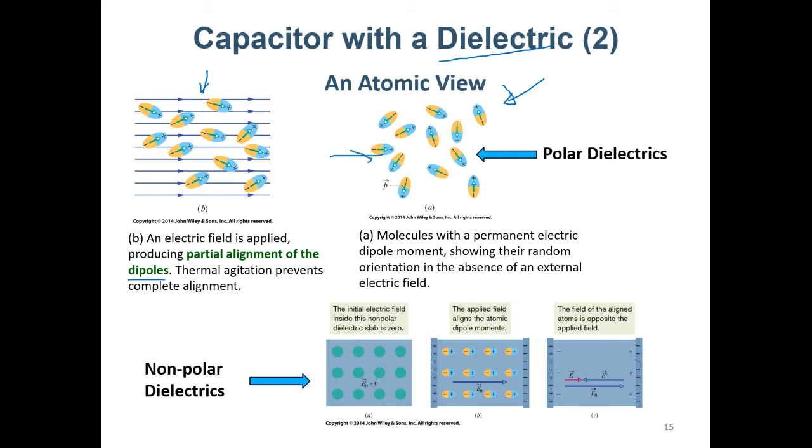Of course, as you have learned in the previous chapter, the dipoles there should generate some E field, although it may be quite weak. But as long as they are facing different directions, the E fields will generally cancel each other out. So it's just like there is no E field inside the dielectric.